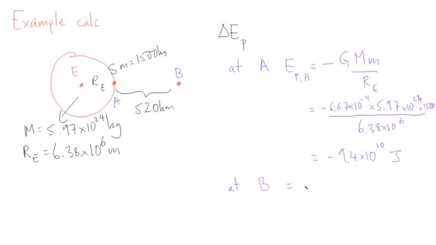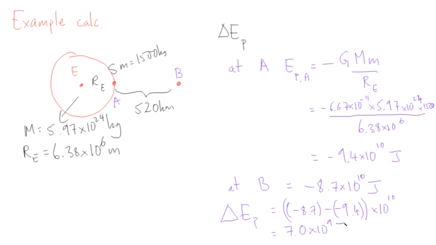You get minus 8.7 times 10 to the 10 joules, and therefore the difference between these two is minus 8.7 minus minus 9.4 times 10 to the 10, which gives you 7 times 10 to the 9 joules.